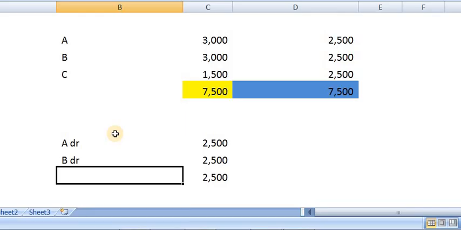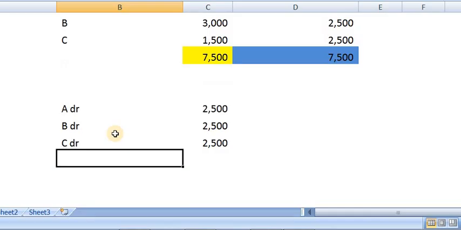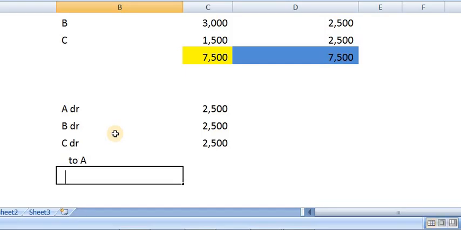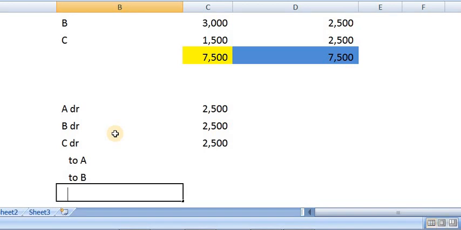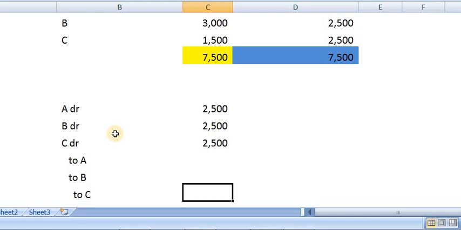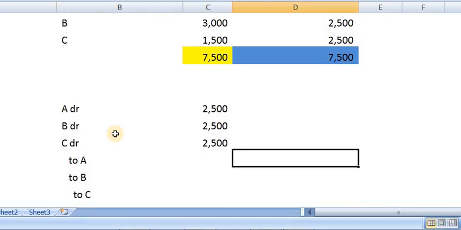A debtor 2,500, B debtor 2,500, C debtor 2,500, to what? Again, to A, to B, to C. The problem is I have to make this column a little smaller.